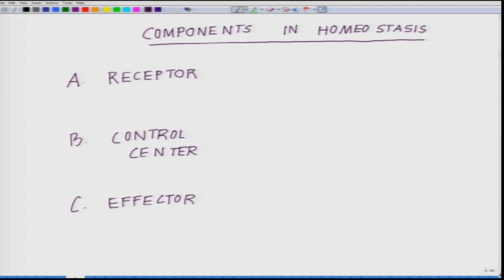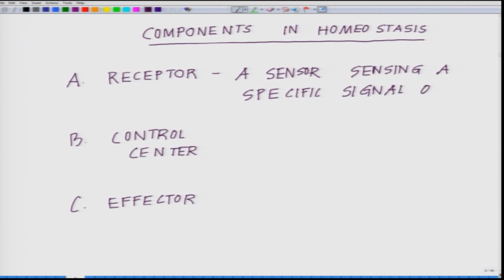Your receptor is basically a sensor sensing a specific signal or stimulus.